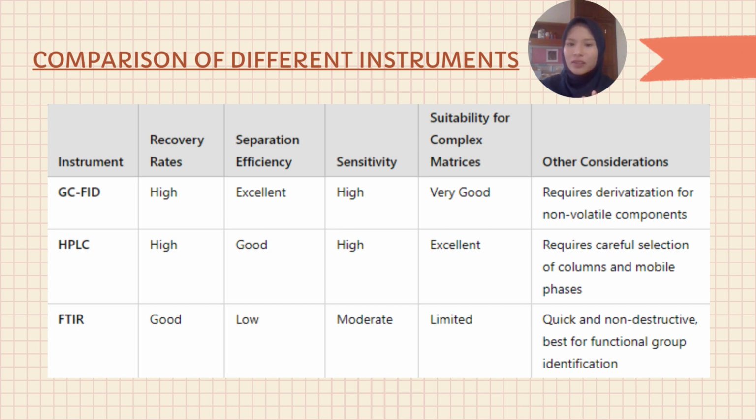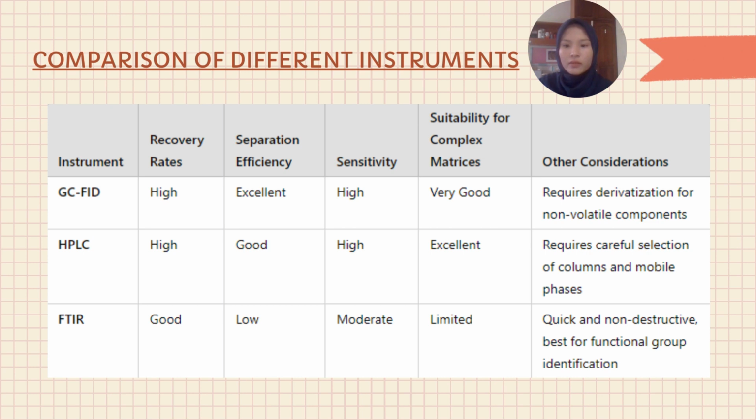The sensitivity is moderate, and it is best for identifying functional groups rather than quantification. The suitability for complex matrices is limited, and it can struggle with highly complex mixtures. Another consideration is that it is quick and non-destructive, and best for functional group identification.